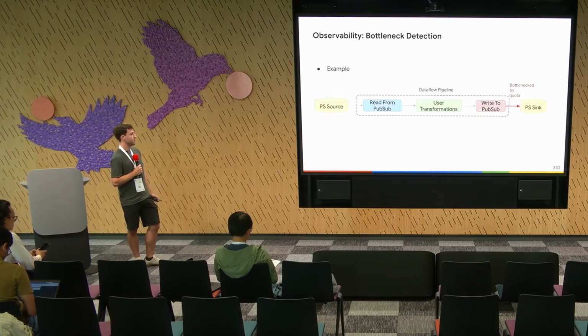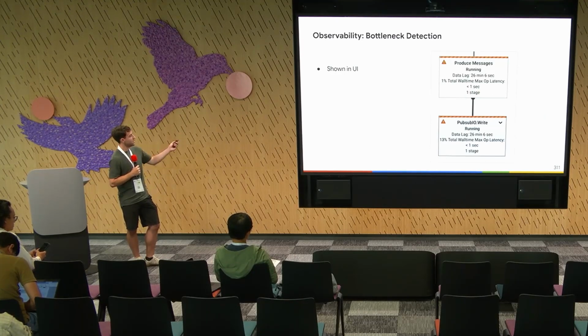Just a quick example, maybe writing to PubSub or BigQuery is bottlenecked just by quota. You would want to see in your Dataflow UI which step is slow.